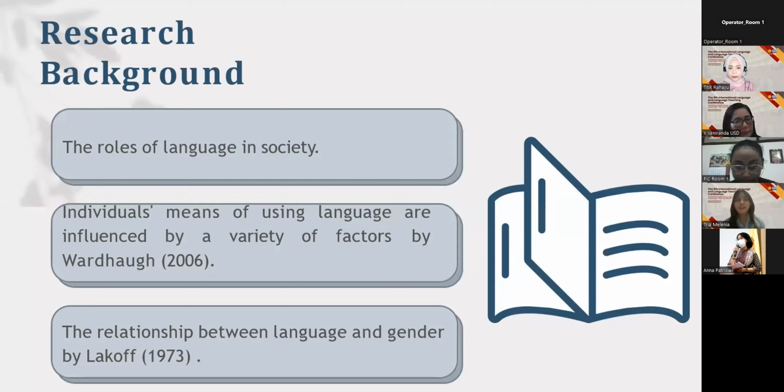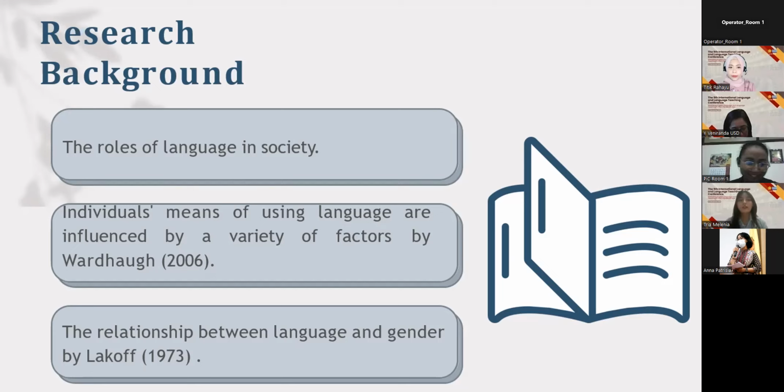Here is the research background. Why do I conduct this study? As we know, there are many benefits of language. For example, we can use language to communicate and deliver a message, and language also helps us to interact and socialize with others. It is used to form social relationships by exchanging ideas, meanings, and thoughts.